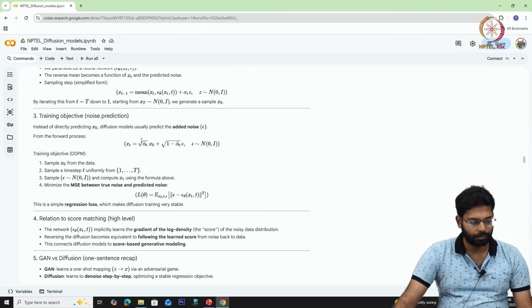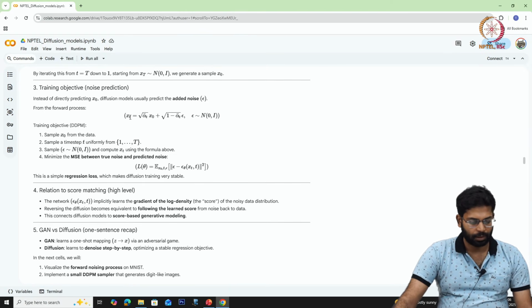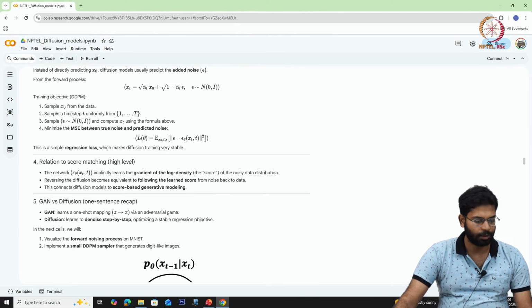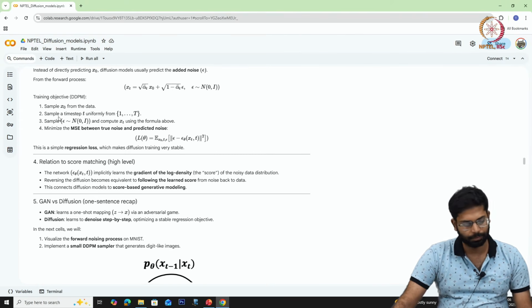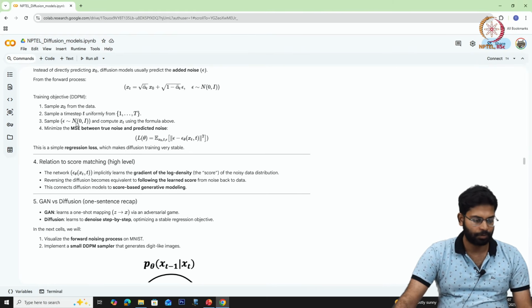How does the training objective go? After we define xt in terms of x0 using this expression, the training objective is: sample x0 from the data distribution, then sample a time step t uniformly from 1 to T, that is, all the time steps, then sample epsilon from normal 0, I and compute xt using the formula above, that is the forward process, then minimize the mean square error between the true noise and the predicted noise.